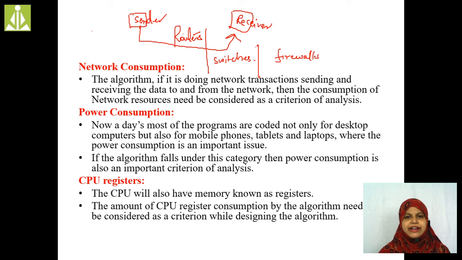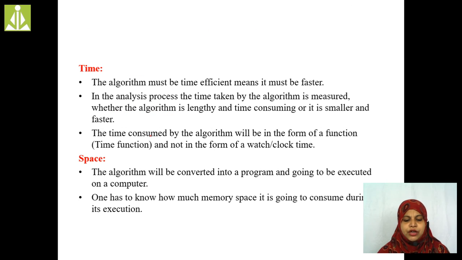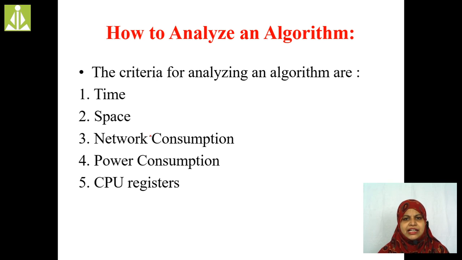All those things are the components of the network. While we are sending and receiving information on the network, what type of network devices are going to be used must be considered while we analyze the algorithm, right?